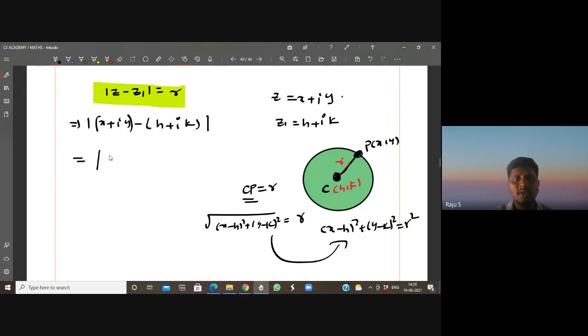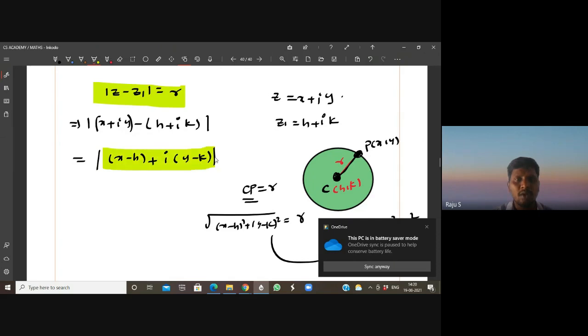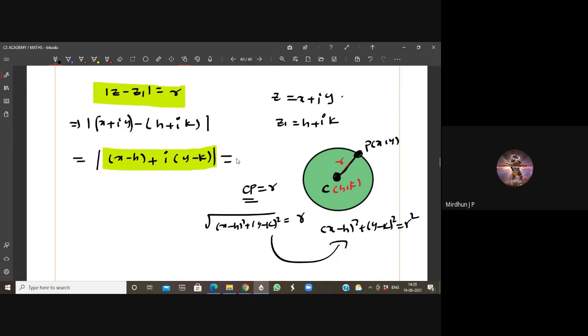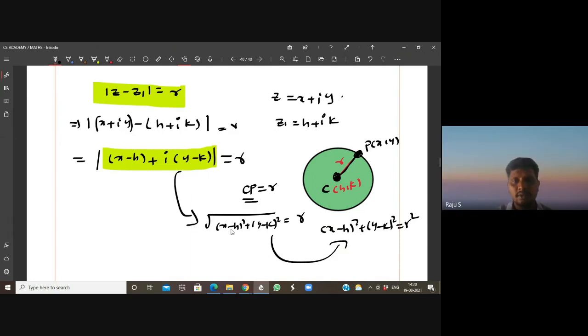You can write the real part as (x minus h), and iota is common, so (y minus k). Right? So this is like a modulus. What is the modulus of this number? The modulus is given by root over (h minus x) the whole square plus (y minus k) the whole square, that is nothing but this only. Am I right?